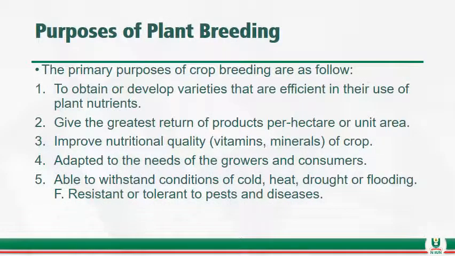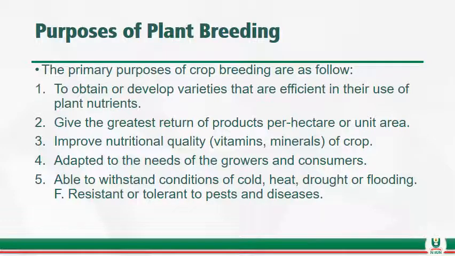Also, there are many purposes of plant breeding. Why do we do plant breeding? The first one is to obtain or develop varieties that are efficient in use of plant nutrients, because most of the plants nowadays are usually very deficient in nutrients. So what the breeder does is improve the plant for its nutrients. They make crosses and get better and highly nutritive plants.